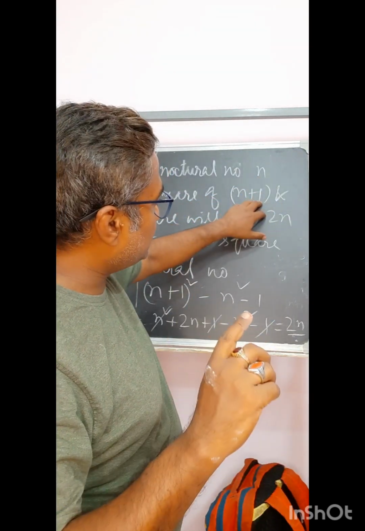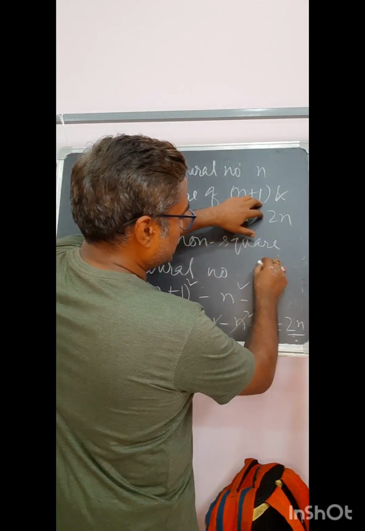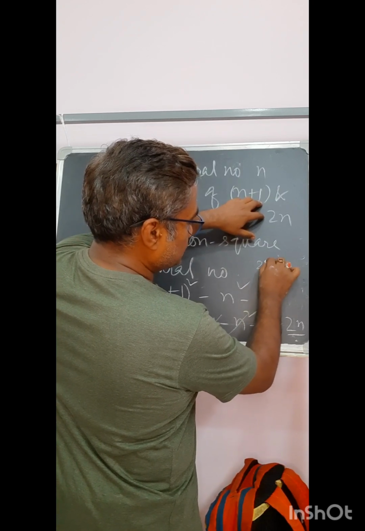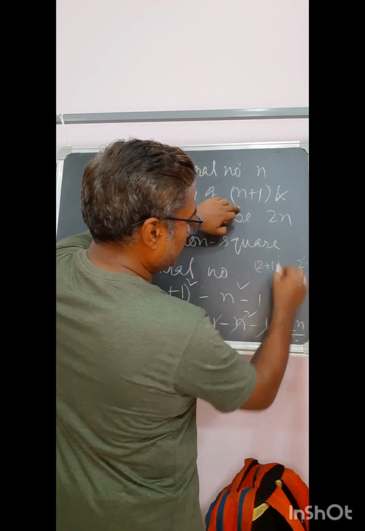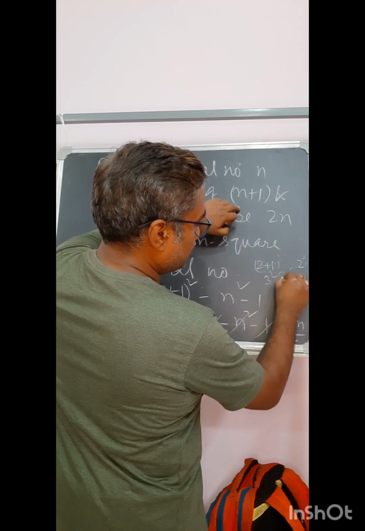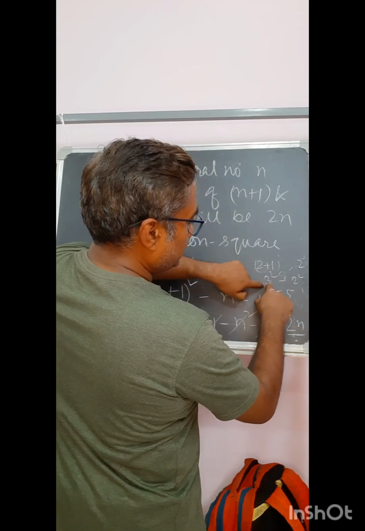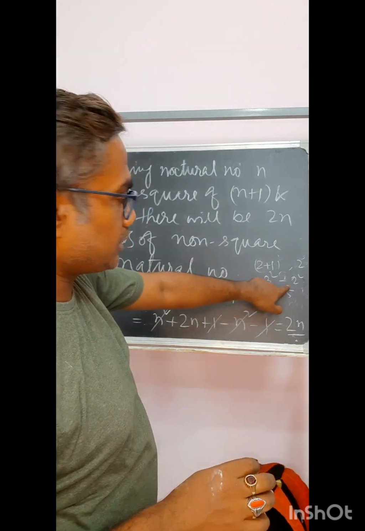If I square them up, these are consecutive terms which come as squares. So if I take 2, that means 2 plus 1 is 3, and 2, for example. This will give you 3 square minus 2 square, that means 5. In between there should not be any natural number whose square can be included.